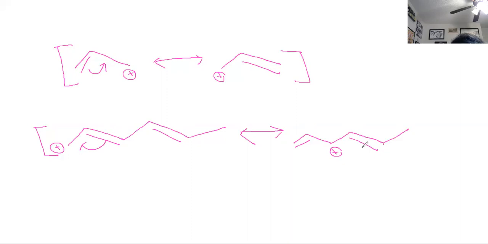But now we can actually move this pi bond to the deficient site. So now we're going to have this one. We have a pi bond here, and the plus charge moves right here.